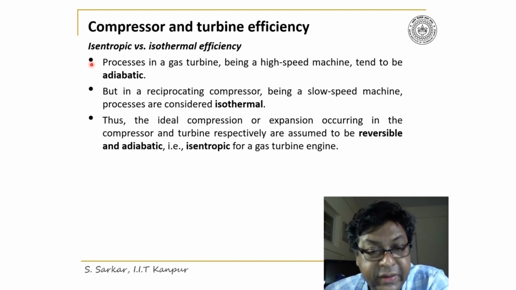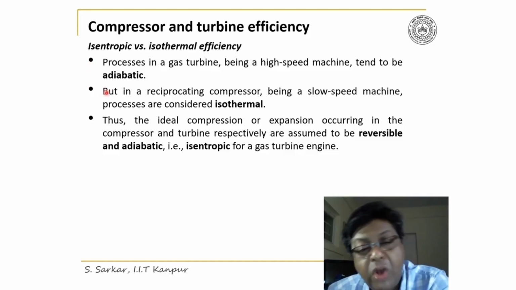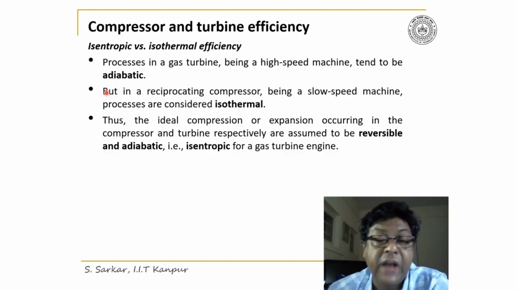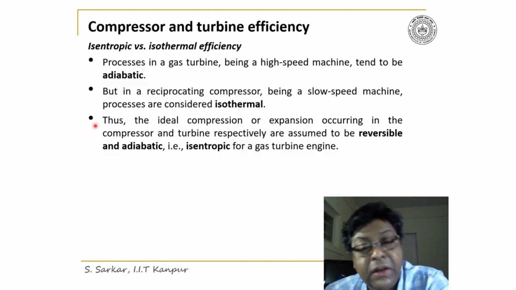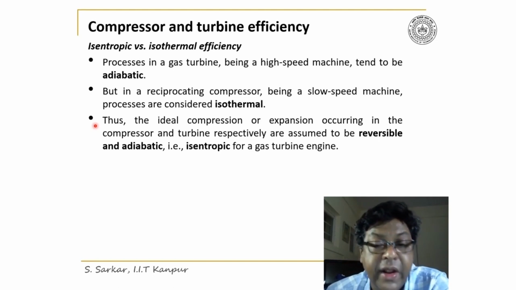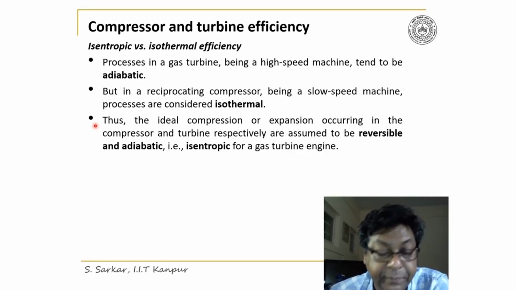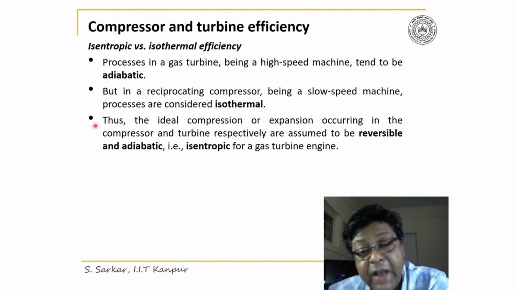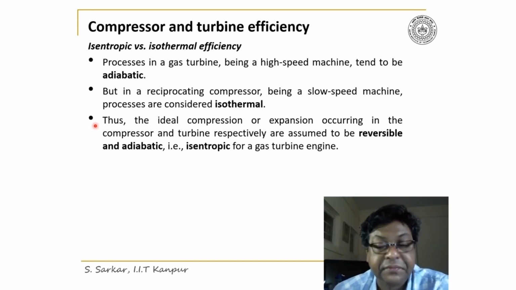On the contrary, in a reciprocating compressor, being a slow-speed machine, the processes may be considered isothermal. Thus, the ideal compression or expansion occurring in the compressor or turbine respectively is assumed to be reversible and adiabatic, that is isentropic indeed for the gas turbine engine.